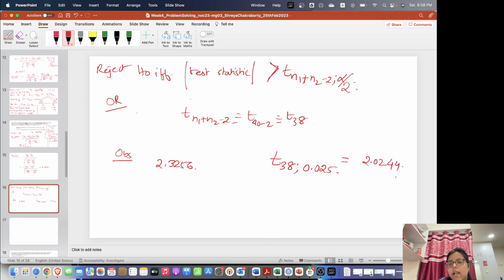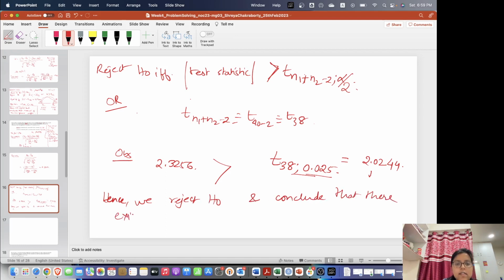You can calculate this from the tables, also from software. I have calculated this from R. So here the observed value is greater than the critical point, and hence we reject H0 and conclude that there exists a difference in performance between the two call centers.